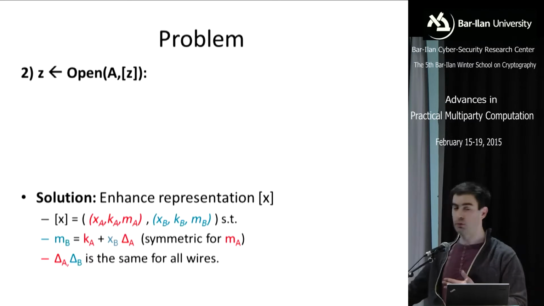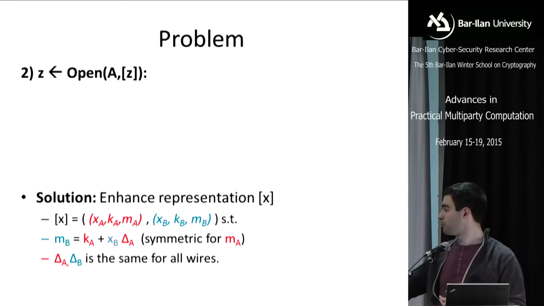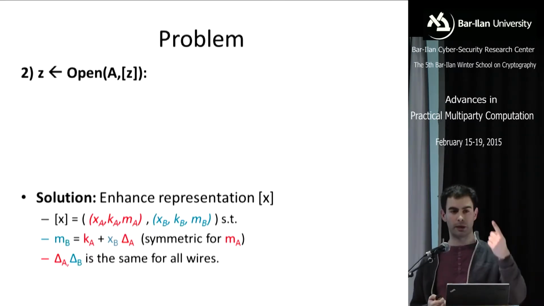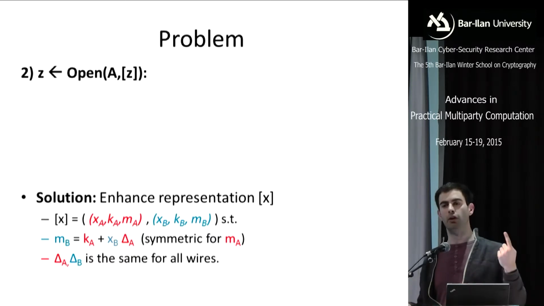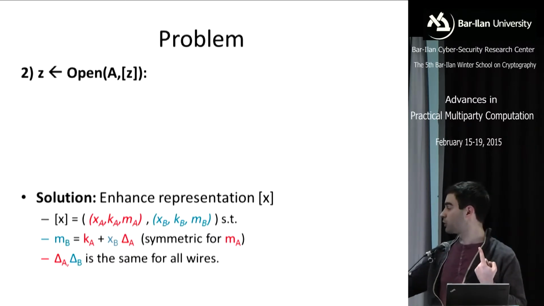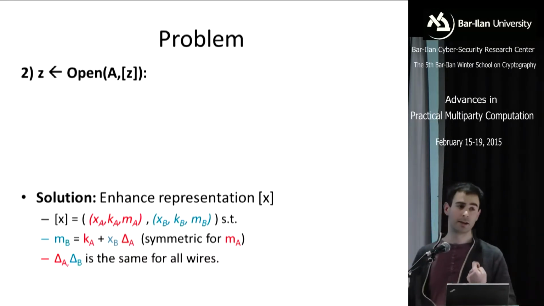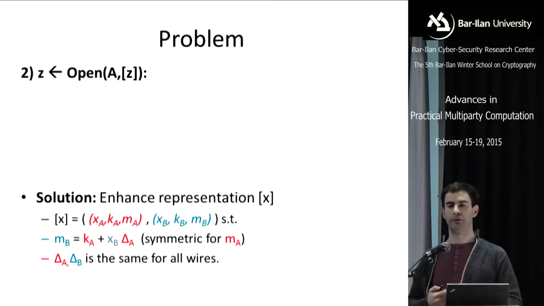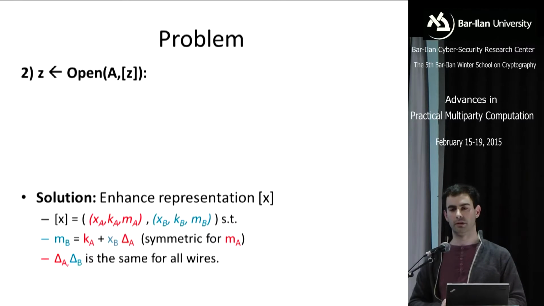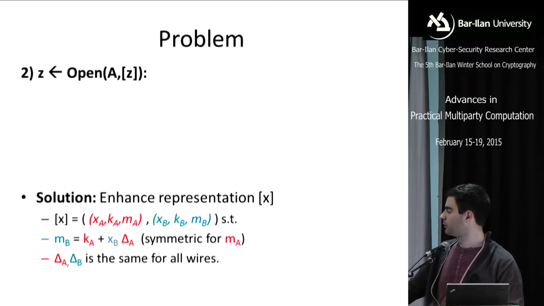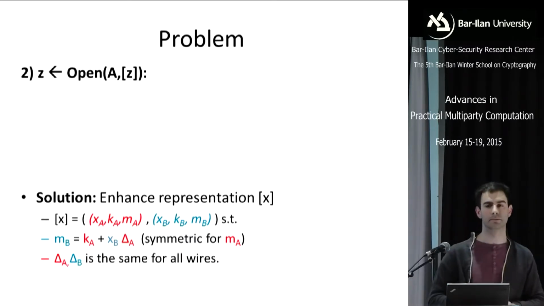Each MAC defines one equation, so you have one equation for each wire. And how many unknowns are there? For each wire I have one unknown, KA. And then there is one extra unknown, which is this delta, which means that you still cannot guess the key. There is still 1 degree of freedom. You can't just solve the system. There is still something that you cannot guess. So the security of all of this will really boil down to saying that Bob cannot guess this delta.